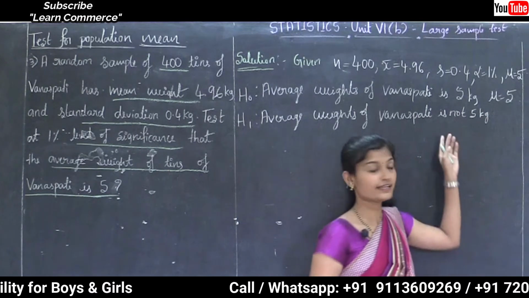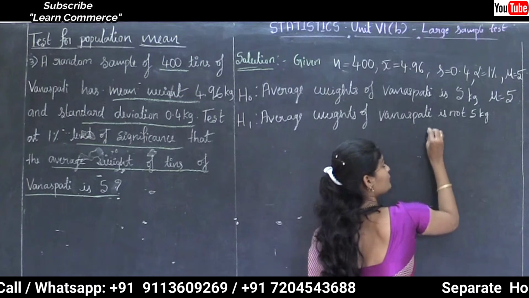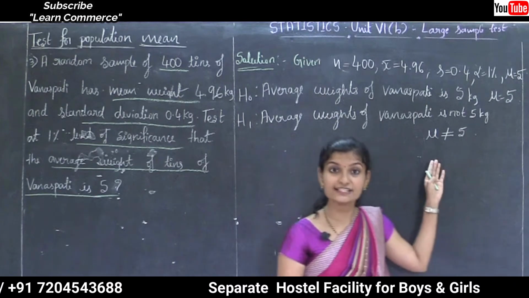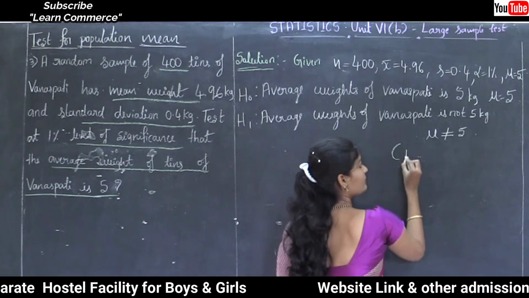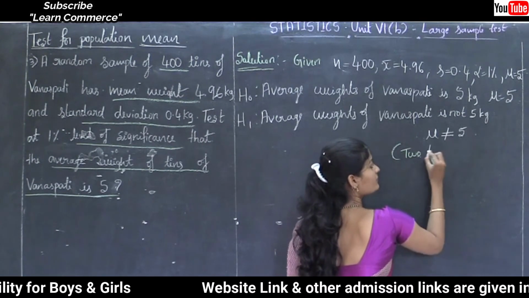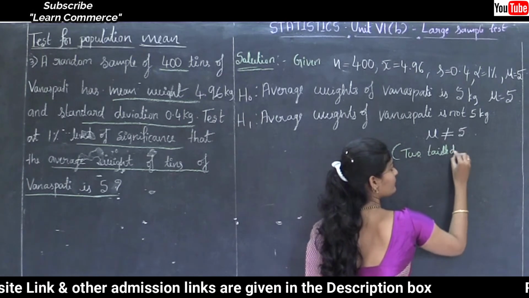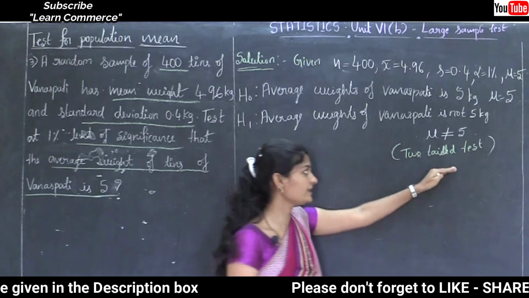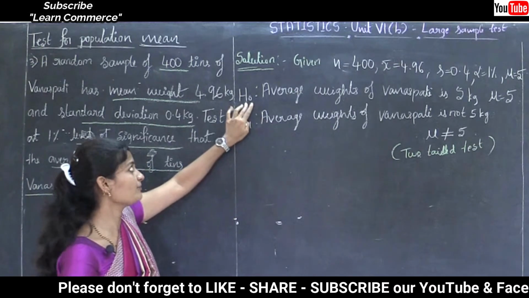So if it is not 5 kg, in the sense that we can write mu is not equal to 5. See, if it is not equal to type, then it is two-tailed test. Okay, these are step 1 and step 2.